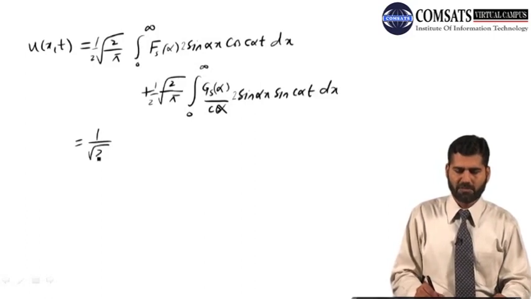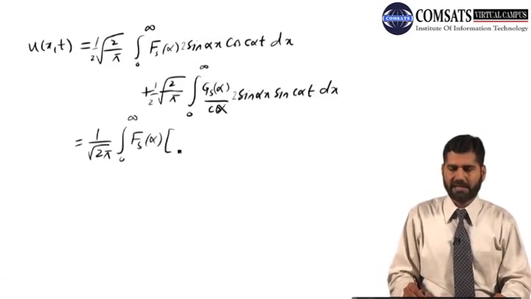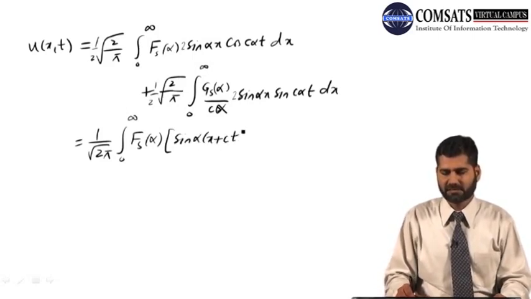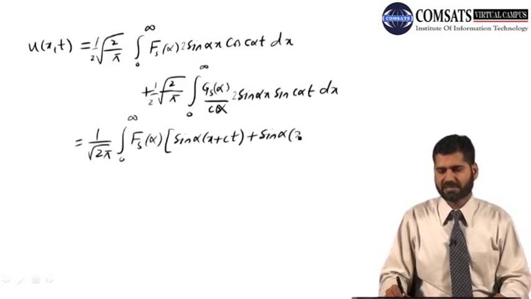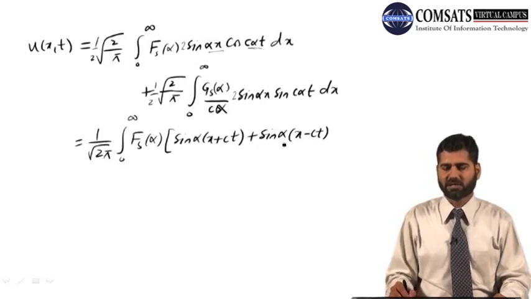So this will become 1 over 2 square root of 2 over pi, integral from 0 to infinity of F_s(alpha), and 2 sine alpha cos beta is sine(alpha plus beta) plus sine(alpha minus beta), so it's x minus ct and x plus ct. Since alpha is common, I took alpha common.